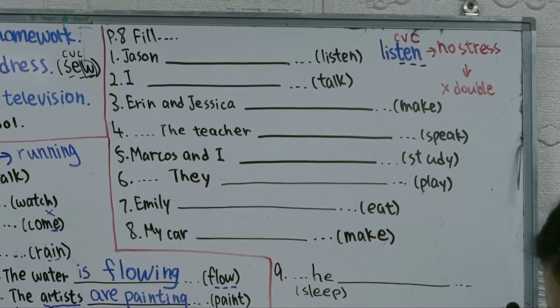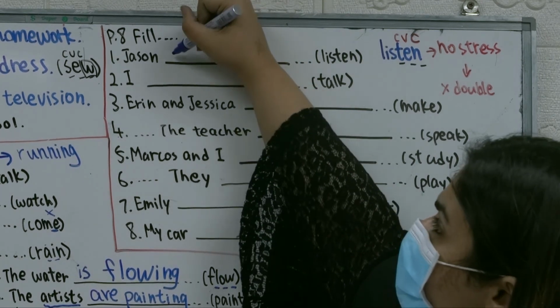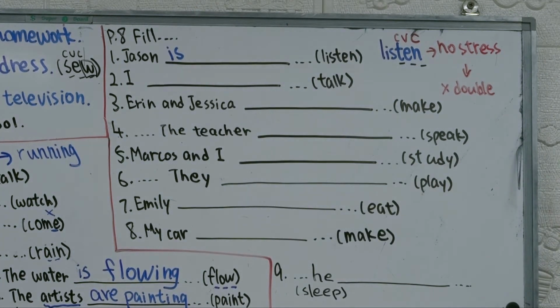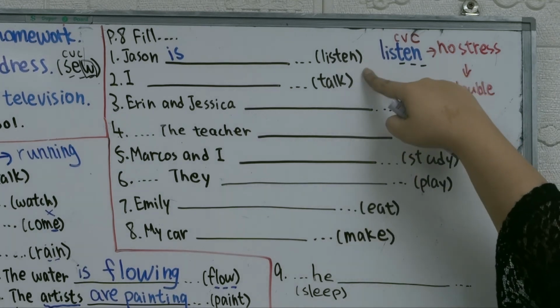So Jason, how do we do this? Jason is a boy, right? So we use is. How do we spell listening? Yes, listening. Present continuous tense, we add ing, right?